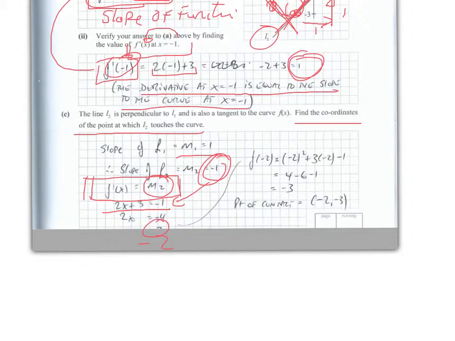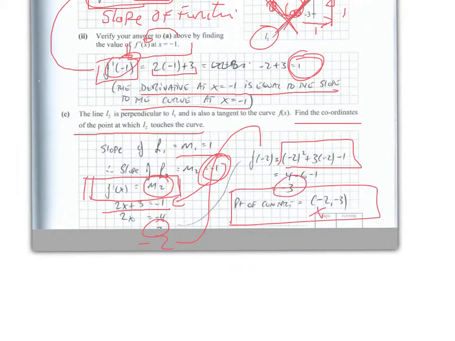And then if we pop that in here, we can find the corresponding y point. If I put minus 2 into the original function, I can find the corresponding y coordinate, that's minus 3. So that gives us the point of contact, x is minus 2 and y is minus 3.